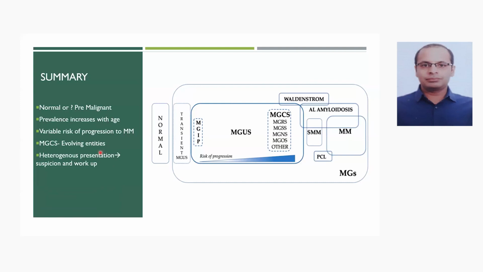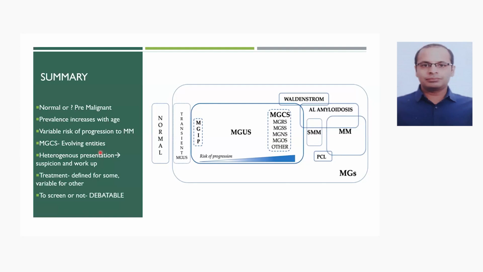The workup can be difficult, expensive, and many a time not available even at advanced centers. So extensive workup might be required, which is available at certain centers only. Many a time you have to outsource investigations, sometimes to the US or other countries as well. Treatment is defined for some of these entities, variable for others, and the million-dollar question is to screen or not to screen for these disorders.